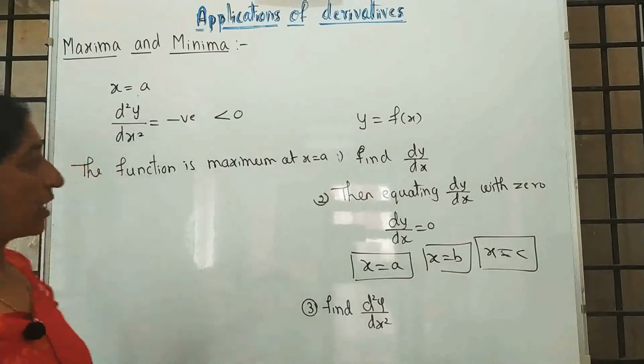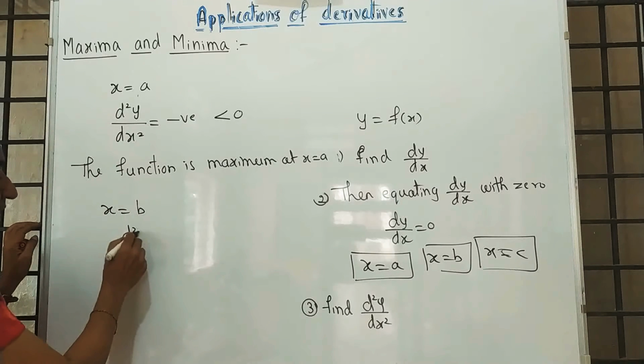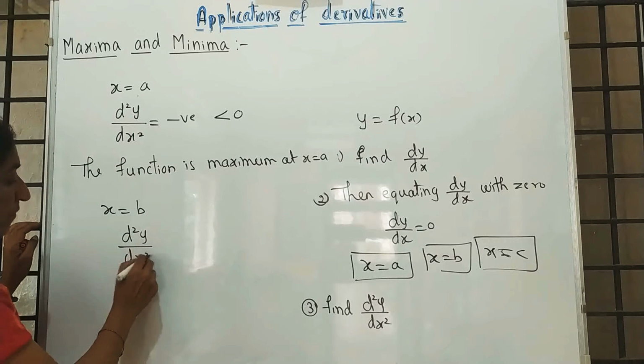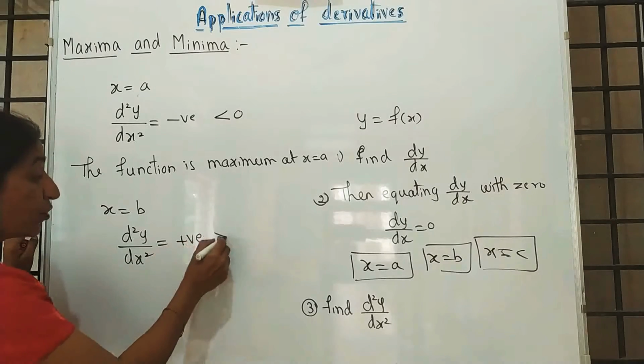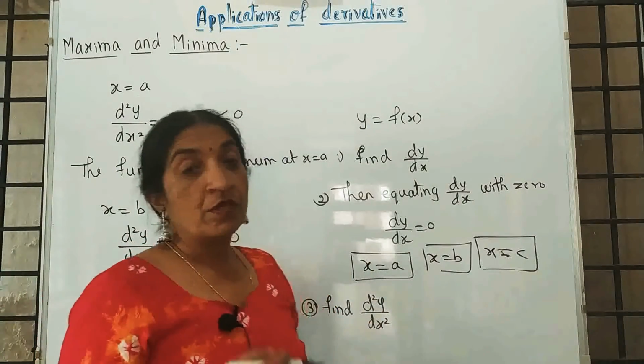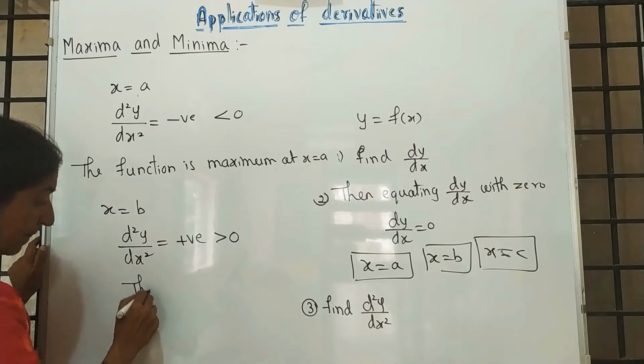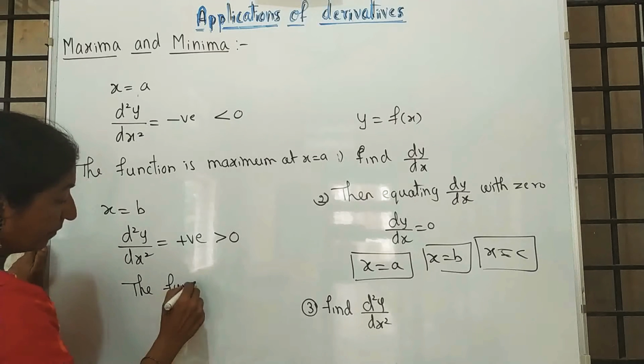This is the first point. And second, suppose at x equal to b you get the second order derivative as positive, that is greater than 0. Then the function is minimum at x equal to b.